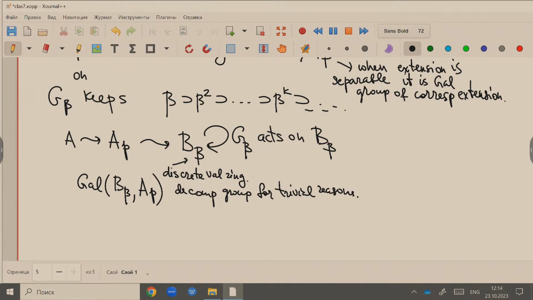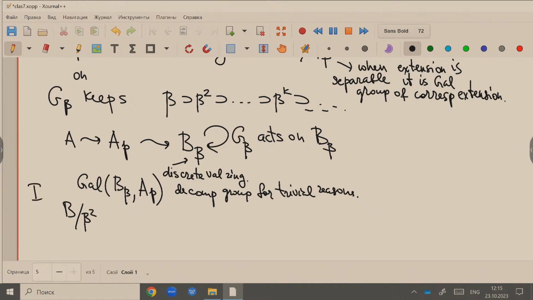So the idea is to start refining the filtration. The inertia group acts trivially on B mod beta over the smaller subfield, but it can act non-trivially on B mod beta squared.